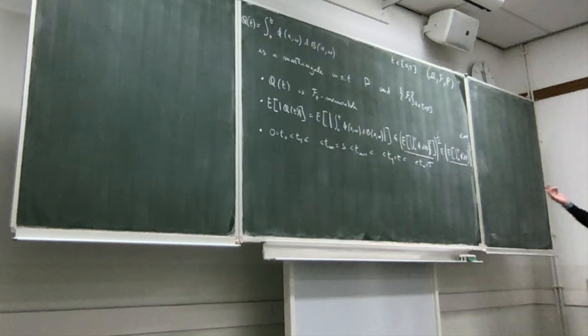So I can write this as the sum of j from 0 to m minus 1 of a_j(omega) times B_{t_{j+1}} minus B_{t_j}.